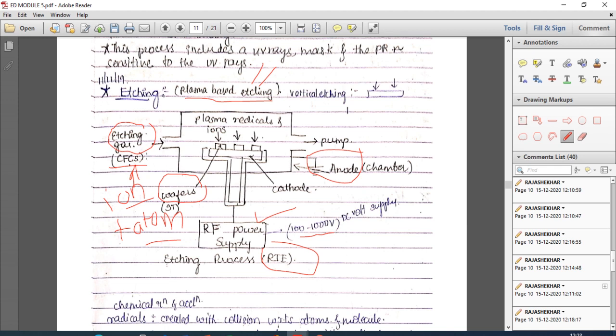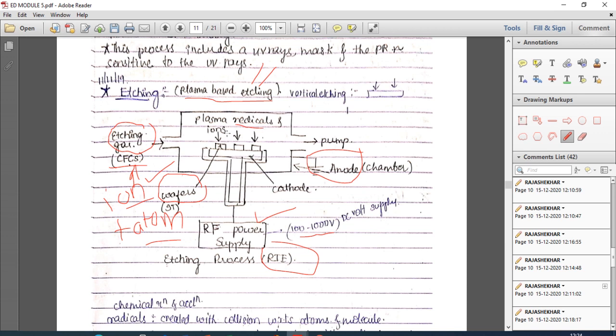Then this fluorocarbon, which has ions and atoms, and because it operates around 1000 volts, the ions split the electrons in the chamber and interact with the plasma radicals, which are rich in molecules.